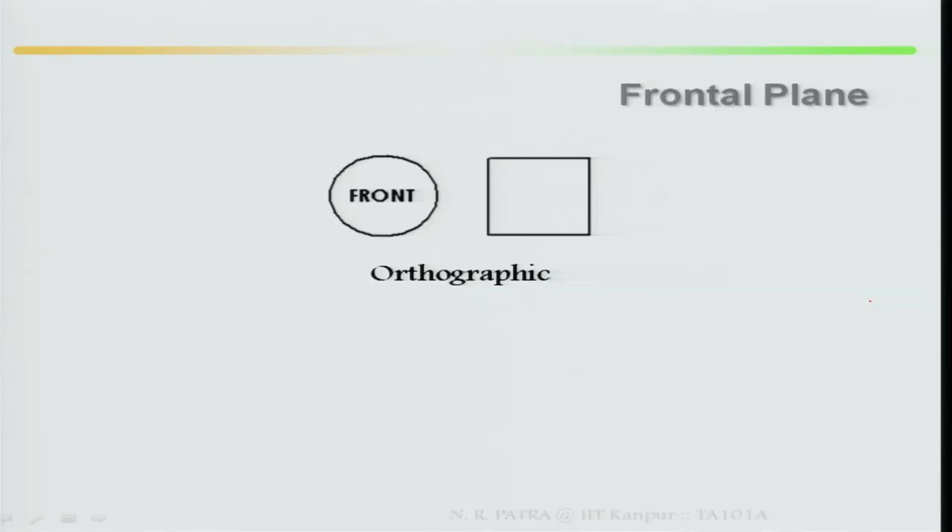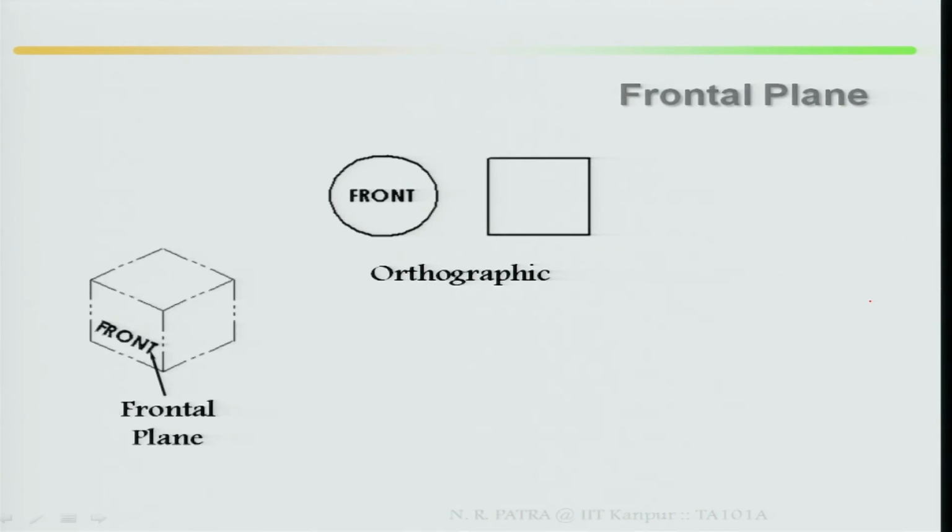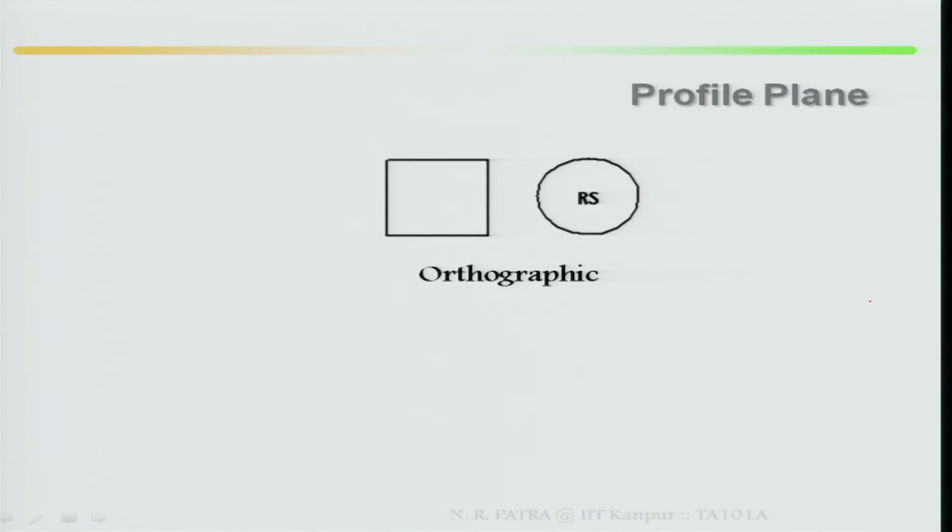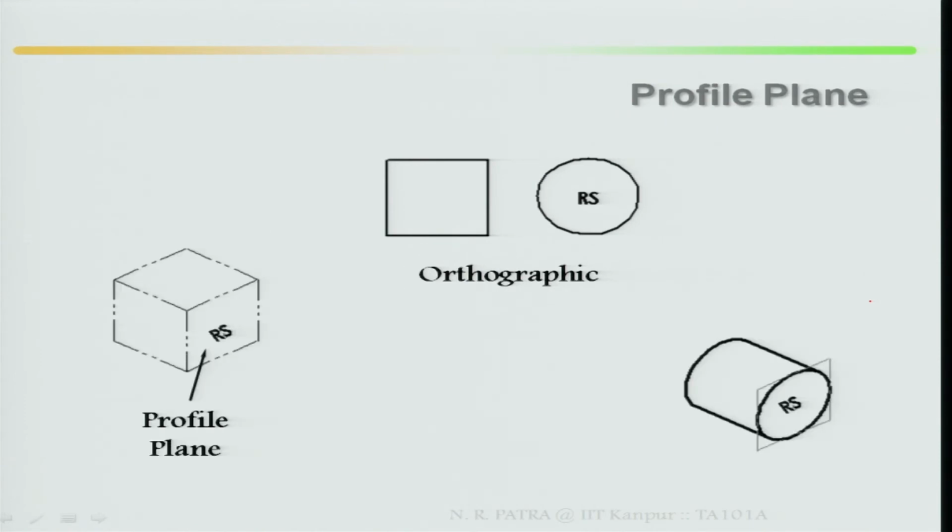In the frontal plane, orthographic, this is your front view, there is a circle. Now the frontal plane in isometric, it will no more be a circle, it will be an ellipse. Look at how the ellipse has come into the picture. Similarly, the profile plane, this is how it looks.